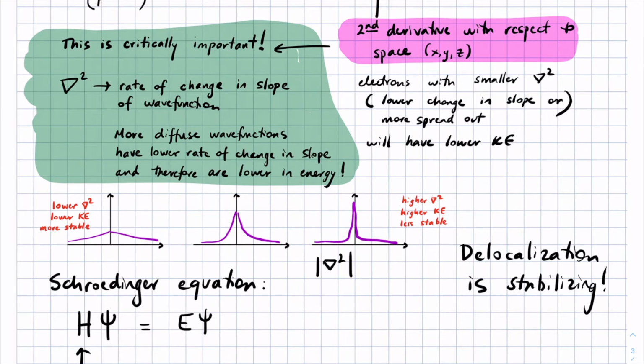And so this is the fundamental reason why we say, and why you learned in sophomore organic, that electron delocalization was stabilizing. Why? Because the electron gets to slow down and have lower kinetic energy. Okay? We haven't talked about the potential energy of the electron yet, and we will, but this is the reason why electron delocalization is stabilizing.